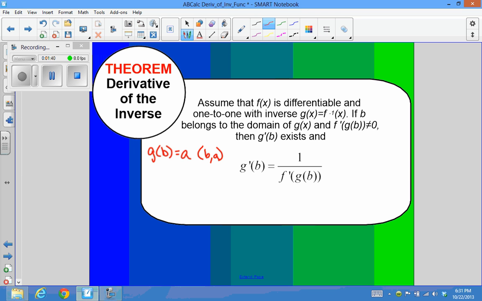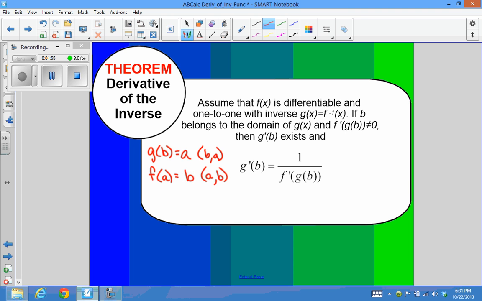Well, that means that if f is the inverse, then f at a would equal b, and so the ordered pair (a, b) lies on the graph of the original function.